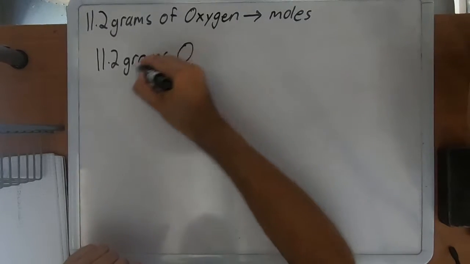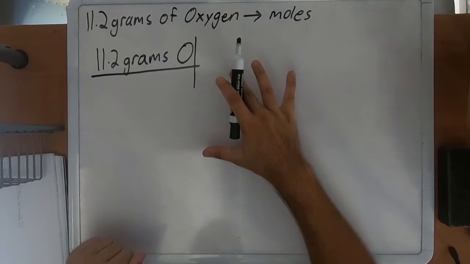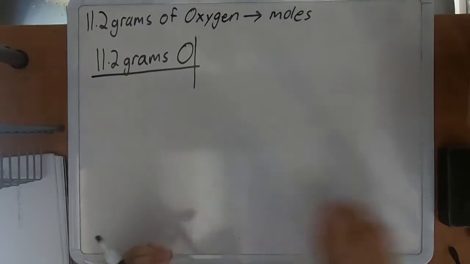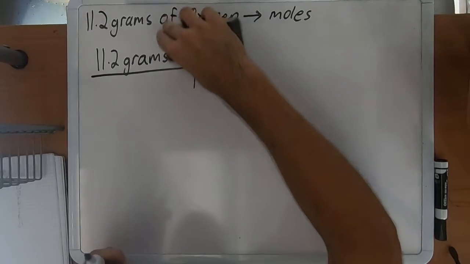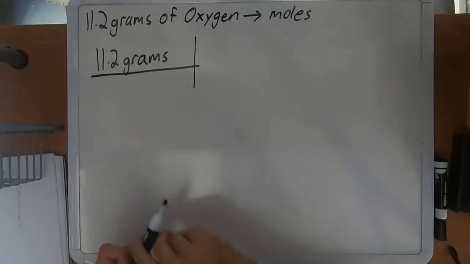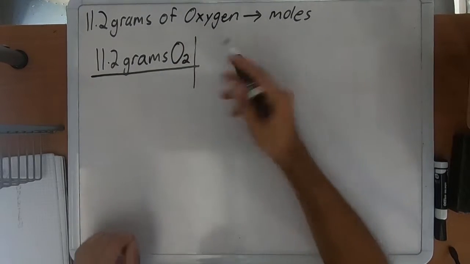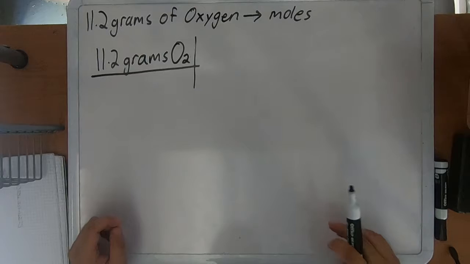Grams of oxygen. Did you see it? Well, if you notice, oxygen is diatomic, which means that it appears in pairs in nature, which also means we're dealing with two oxygens.